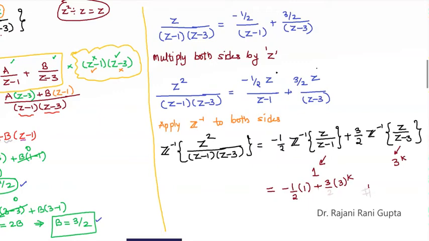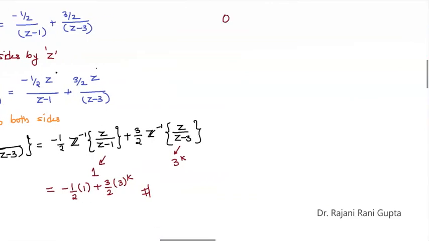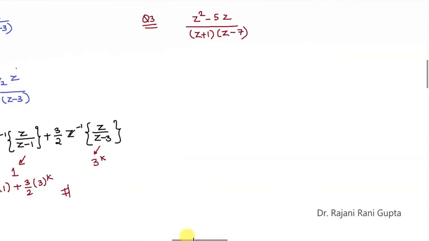So in the same way, this is the key idea. Suppose you have another example, like you have to find the inverse z transform of (z square minus 5z) divided by (z plus 1)(z minus 7). Then in this case again it's clear that you have to use the method of partial fraction.